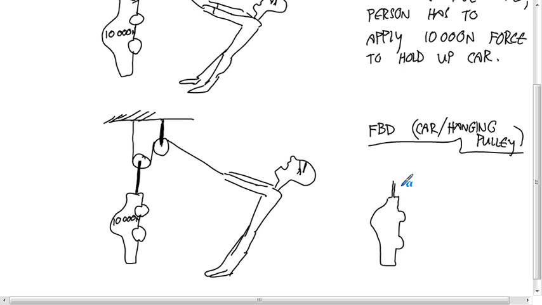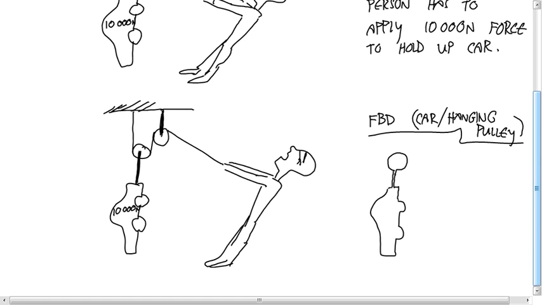And there's the cable going up to the hanging pulley, and there's the hanging pulley. What forces are acting on this system? Gravity. So there's 10,000 newtons acting down, plus whatever the weight of the pulley is, but we're assuming that's negligible.